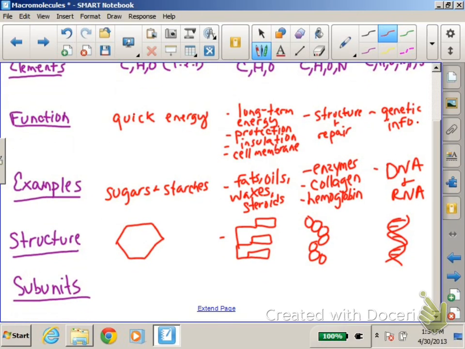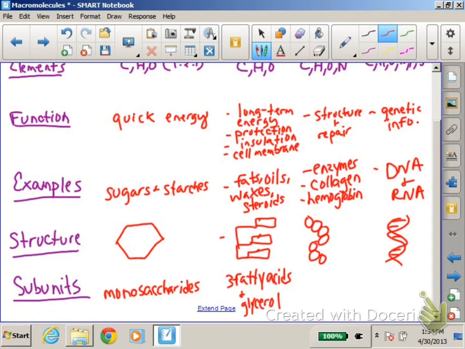Okay, and then the last category that I asked you to add was the subunits. In other words, what are they made out of?